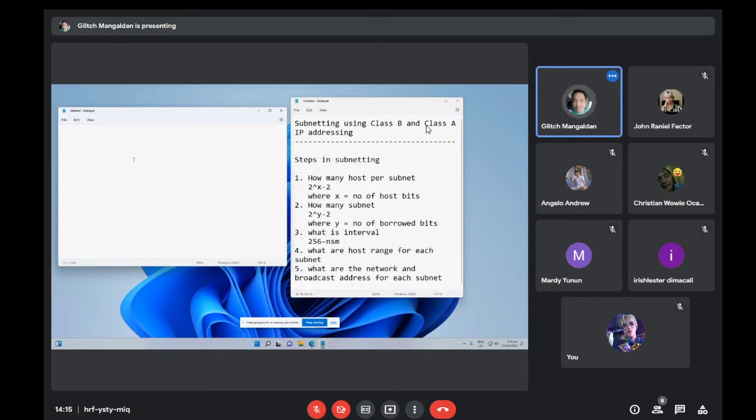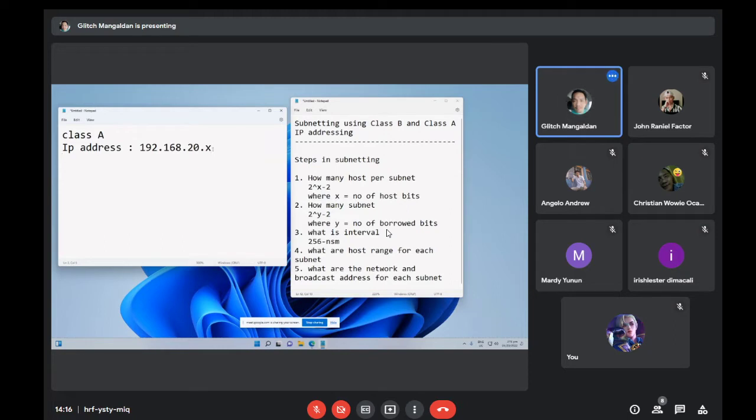For example, the IP address to be used is 192.168.20.x. Yung X, depende yan, since this is the host part, so kahit anong value nito.